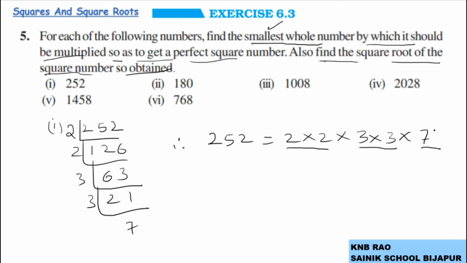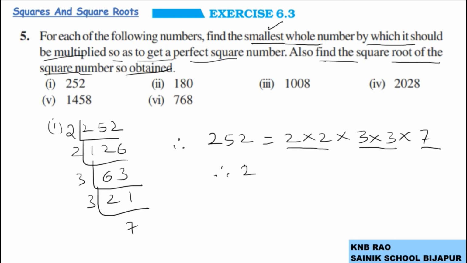Once we don't have the prime factors in pairs, then the number is not a perfect square. So 252 when multiplied by 7 becomes a perfect square.